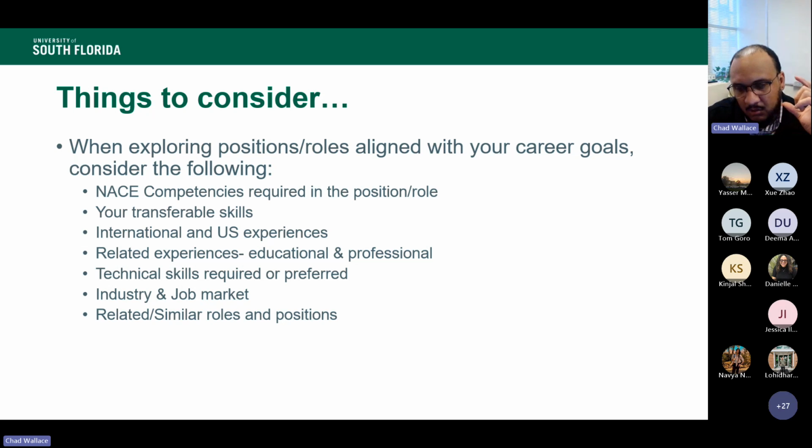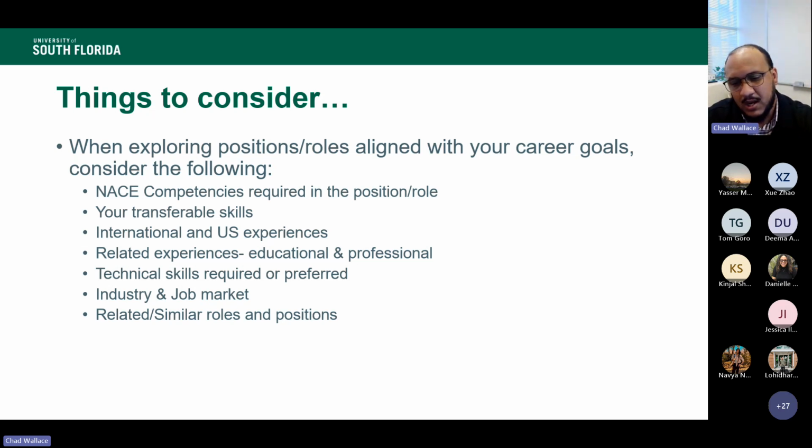So not only think about talking about your experiences back home, but also being able to showcase how they may be aligned with the things that you want to pursue here in the US, and also with what the company, the industry, or the institution is trying to achieve. Think about your related experiences, whether that's your educational ones. What have you learned in your curriculum?